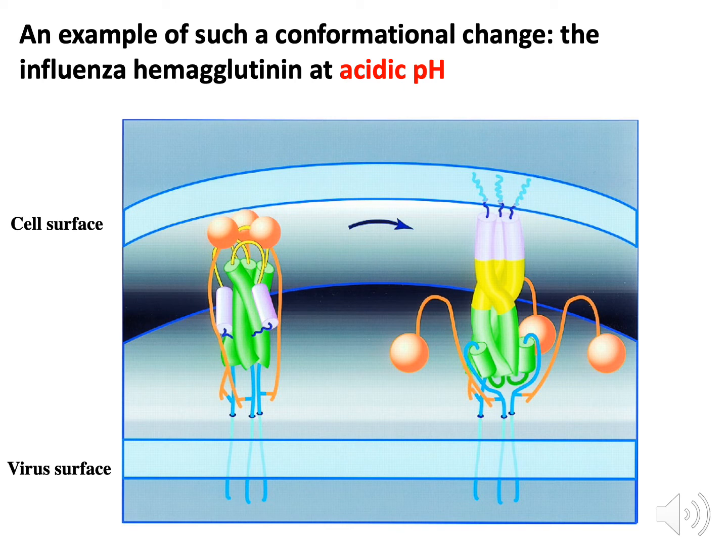The heads move and fall down. Things happen in the core of the trimer, and those changes bring those two membranes together and result in membrane fusion.